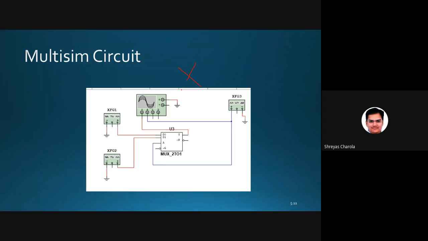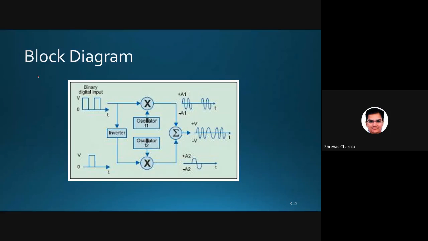Okay, the Multisim circuit we had implemented for FSK is wrong. We are not able to do this, so we'll go with this diagram. Understand this diagram nicely, because we are going to implement it in Multisim to make you understand the FSK signal.